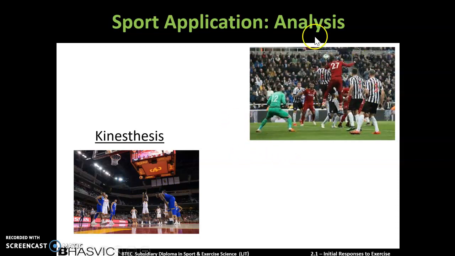And looking at a football header here, this uses the stretch shorten cycle of a muscle spindle, as the sudden stretch of that muscle spindle causes elastic energy, sort of.